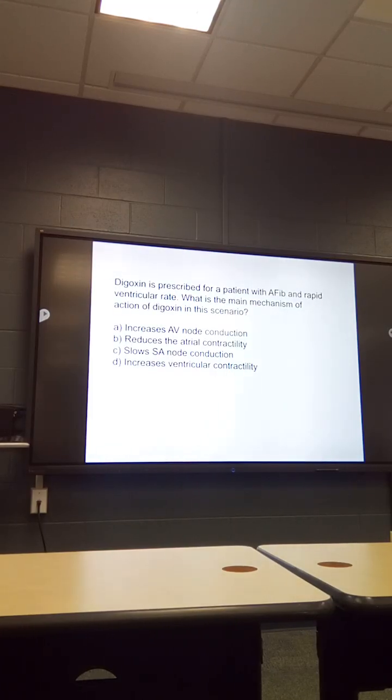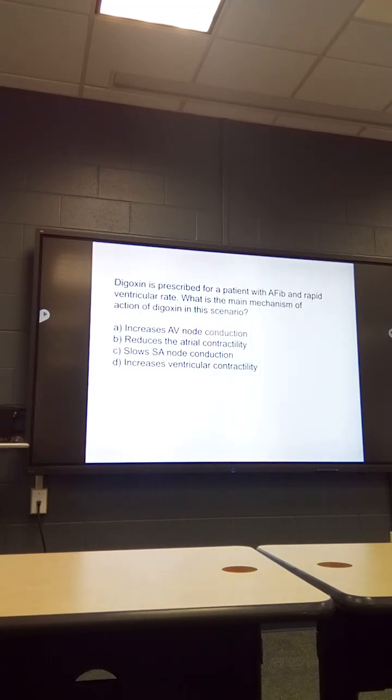What is the main mechanism of action of digoxin in this scenario? And you're like, oh my God, I don't know. She didn't talk that much about digoxin. She just told me AFib, flutter, and heart failure, right? But what does digoxin do? Slows things down. So then you just go through and go, well, it doesn't increase, so I can throw A and B out, right?